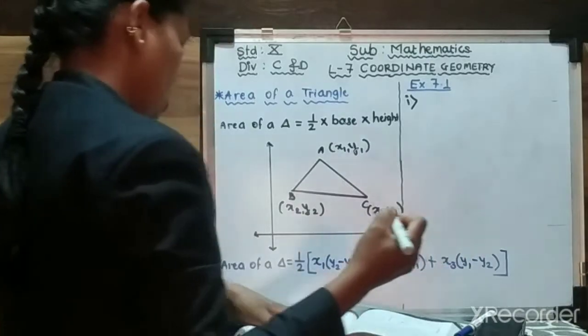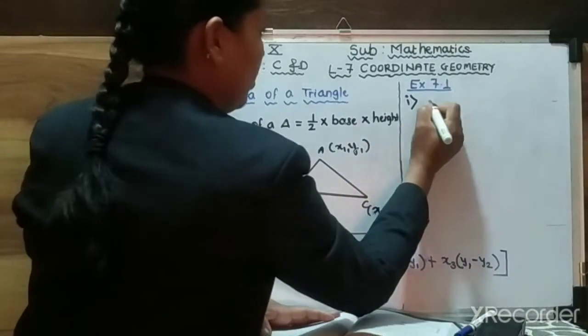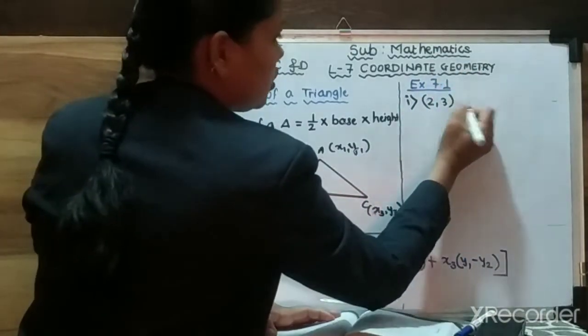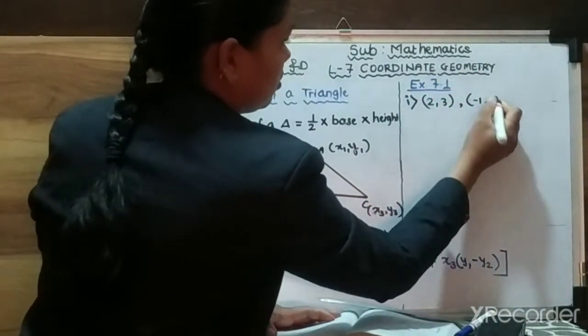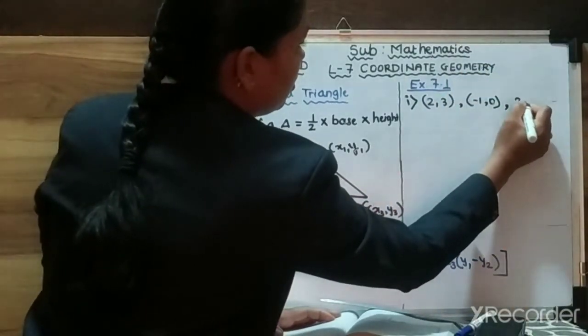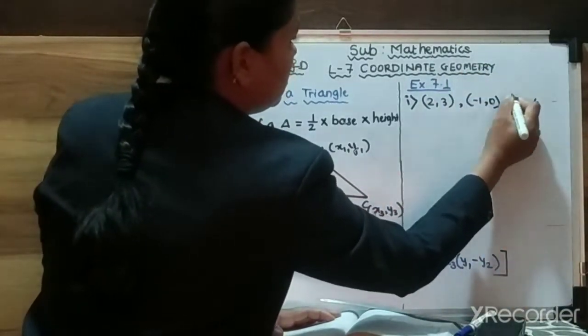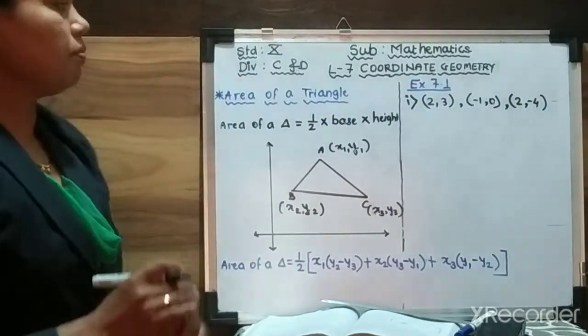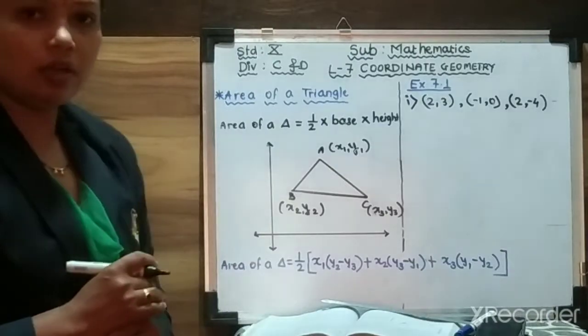Find the area of a triangle whose vertices are, very first 2, 3, then minus 1, 0, then 2, minus 4. By using these coordinates we are going to find the area of the given triangle.